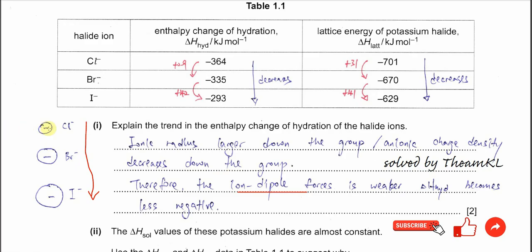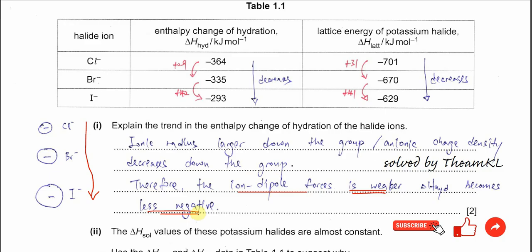Why? Because the size of chloride is smaller and it can release more energy when dissolved in water. And the iodide, because the size is larger, has weaker attractions with water, so the ion-dipole forces that form are weaker. Therefore, it will release less energy and the hydration enthalpy is less negative.